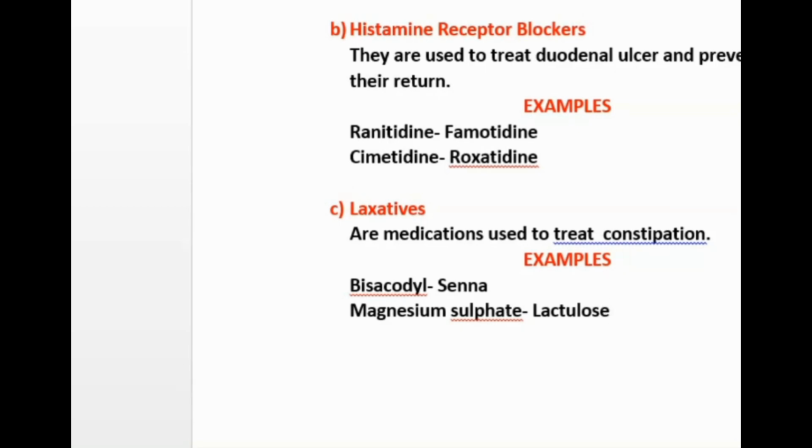So laxatives are medications used to treat constipation. They include bisacodyl, which can be a tablet, senna, magnesium sulfate, and lactulose. These drugs are used if a patient has constipation. These are the most preferred drugs doctors often use. Okay, let us see the fourth category.